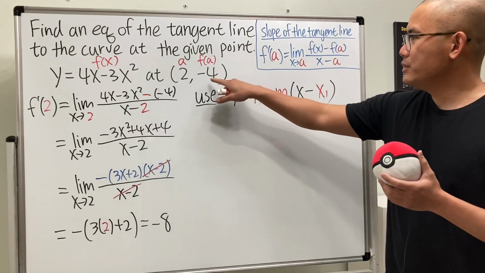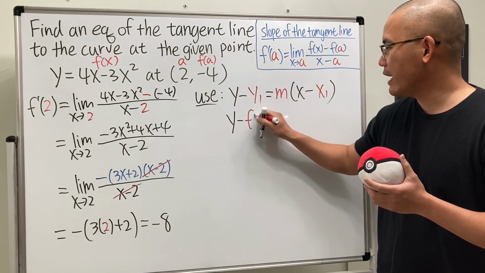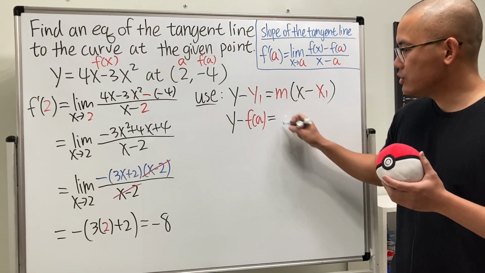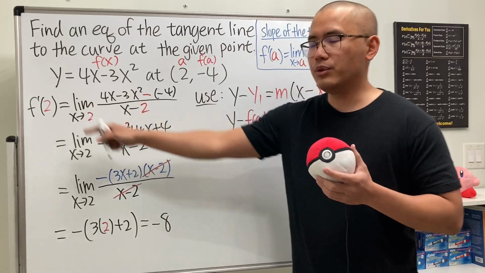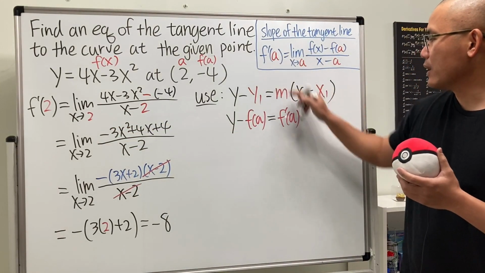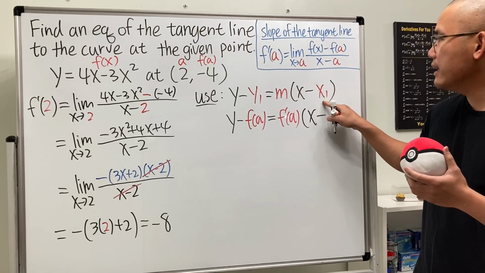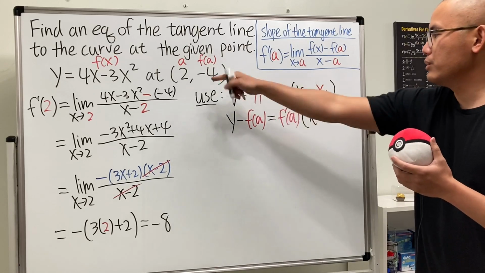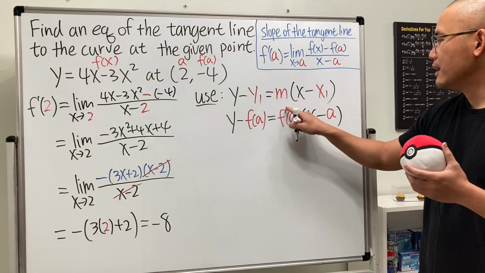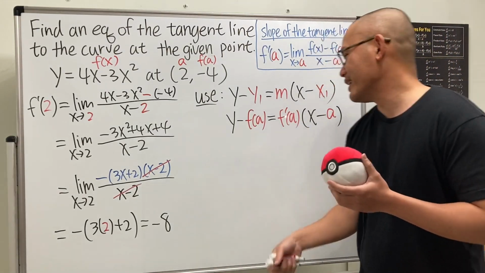So let me just write this as f of a. We get y minus f of a, which is just the same as y1. And the slope m is just the same as f prime of 2 in our case. But let me just also write it as f prime of a to follow this notation. And lastly, we have the x minus x1, which is just 2, which is just a. But anyway, either way, as long as you know how to plug in, it's okay.